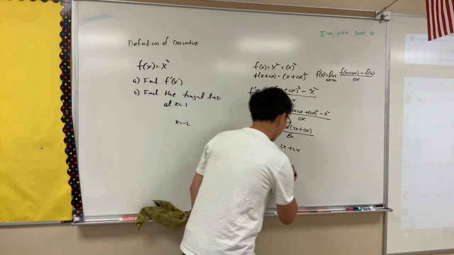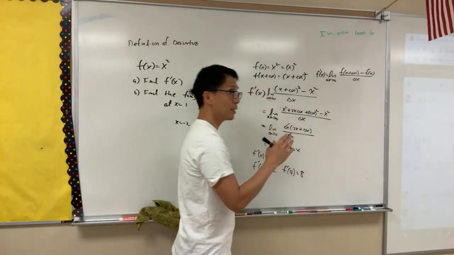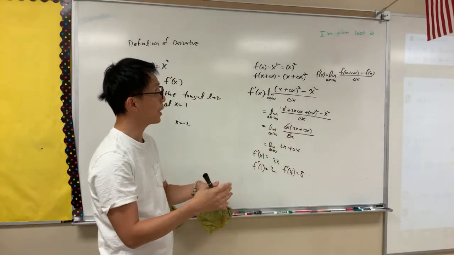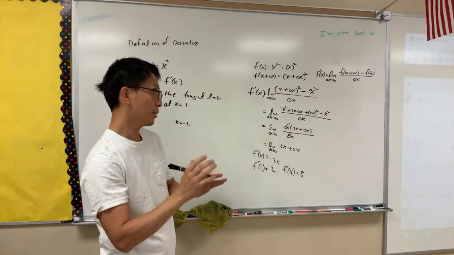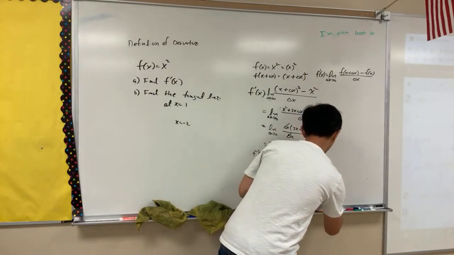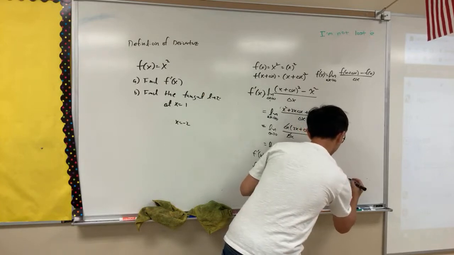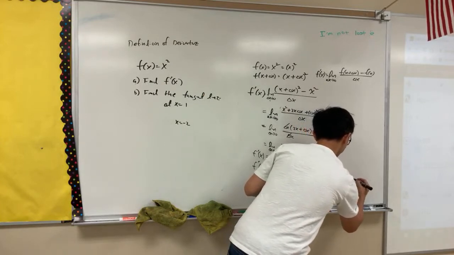If I say f prime at 4, that's going to give me 8. So that means at 4, comma 16, at x equal to 4, the y value is 16, and my slope is going to be 8.